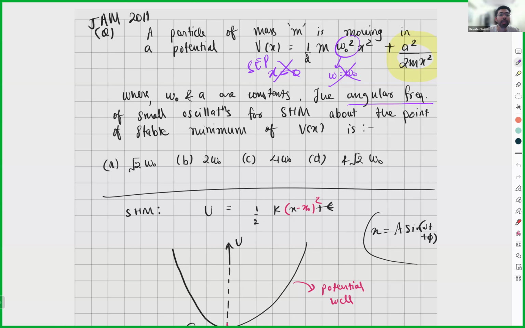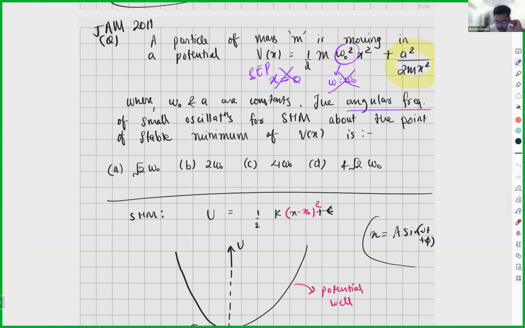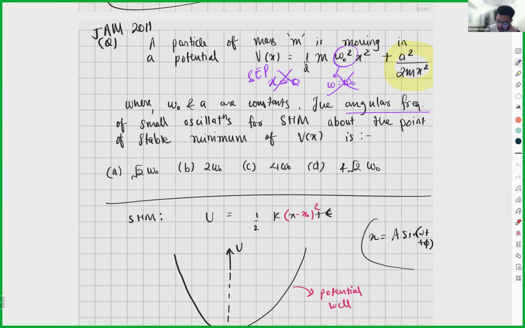And if it is coming proportional to minus of displacement, then you can find out the time period and so on. Anyways, this was the question which was asked in JAM 2011. Now, this type of question you will see in the assignment, and there are some miscellaneous problems also there in the assignment which we have added. So you'll also find these kinds of problems over there.